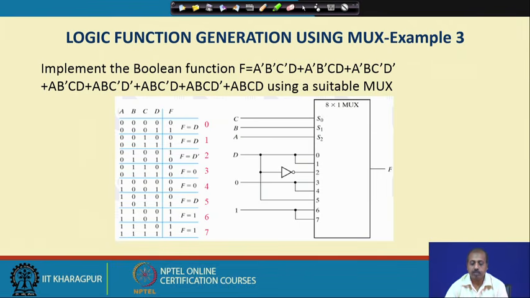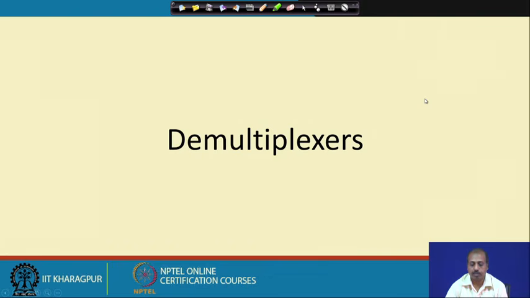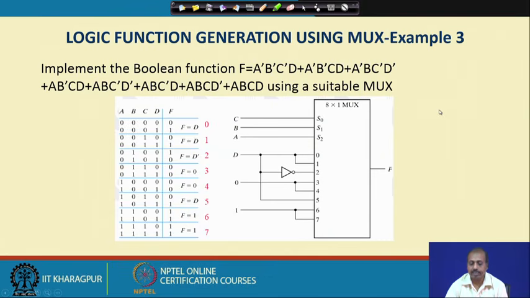So, this way we can use multiplexers to realize logic functions. Another technique by which we can realize this multiplexer based circuit is where we do not go for higher degree multiplexer, but many times we want to realize the circuits using 2:1 multiplexers only.